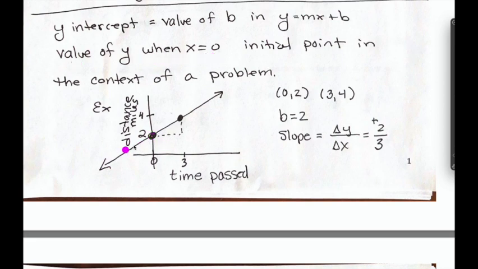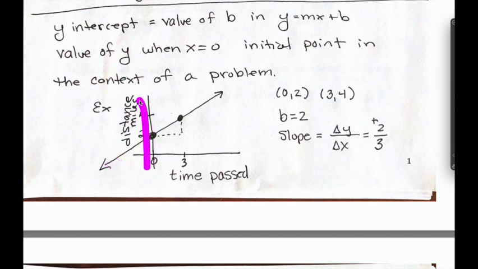So in this example right here, it's crossing my y-axis at 2, so my b in this case would be 2. If we're talking about it in the context of a real-life problem, then the b is called the initial value, because typically in real life, we don't talk about negative time or negative money.